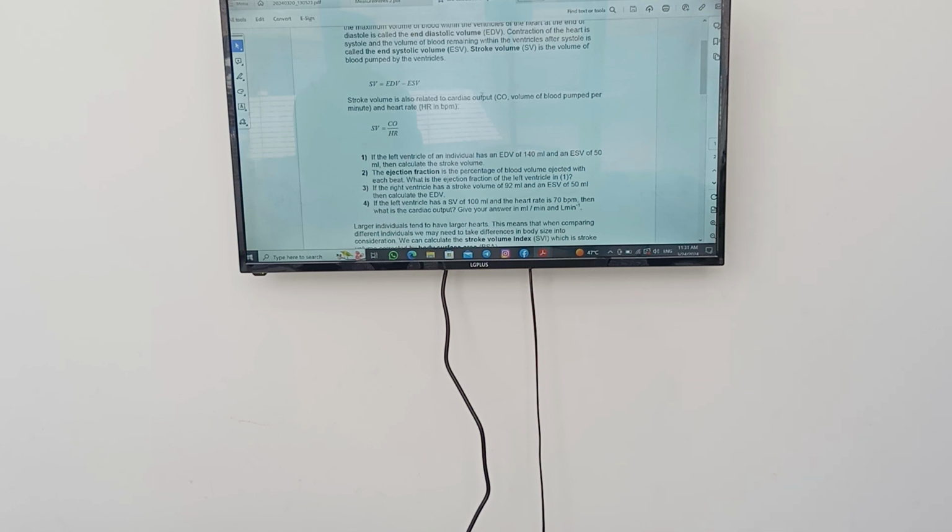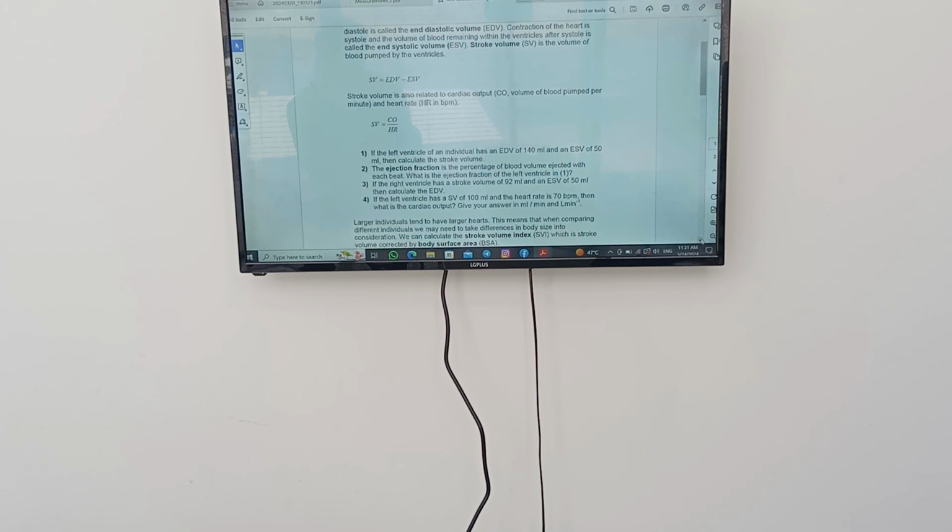Cardiac output, CO, is the volume of blood pumped per minute, and heart rate, HR, is measured in BPM, which means beats per minute. So whenever there's a stroke volume, there's also a connected CO, which is cardiac output. You can also find the stroke volume by dividing the cardiac output by the heart rate. So these are two ways to find the stroke volume.